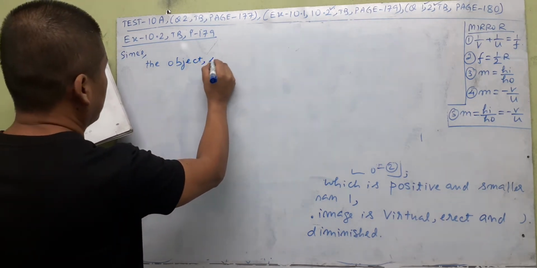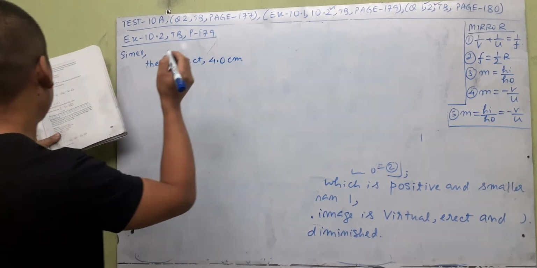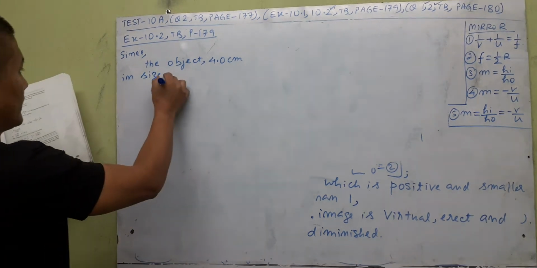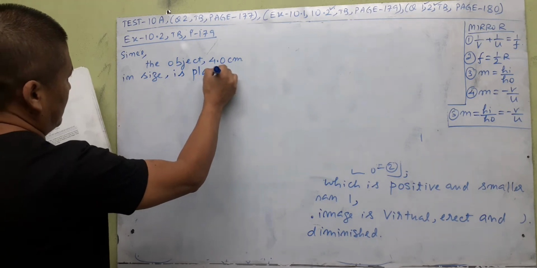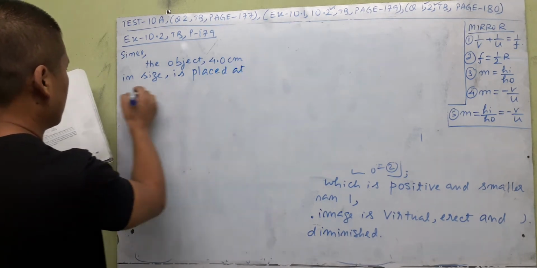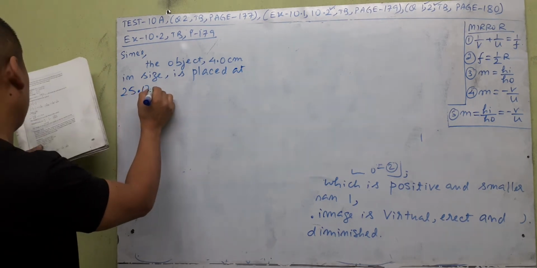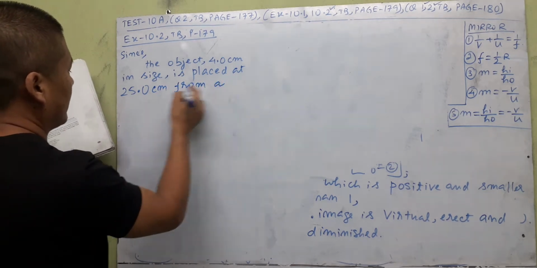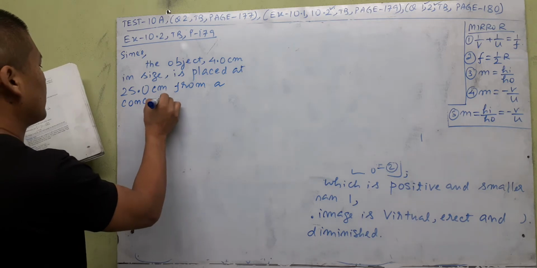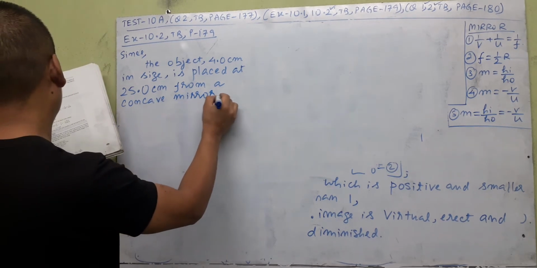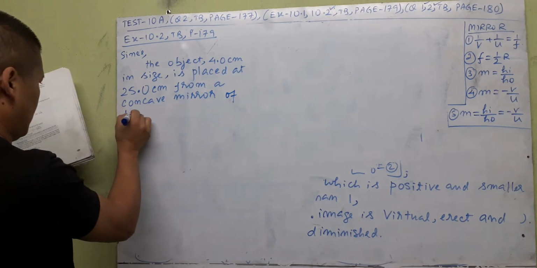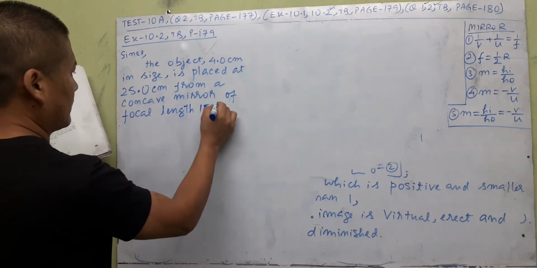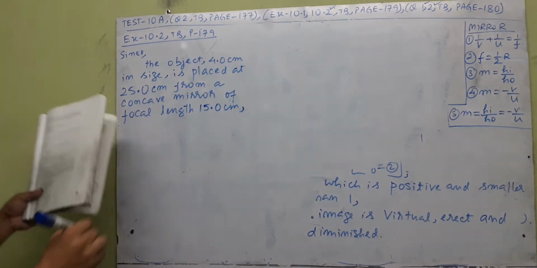Object 4.0 means simply 4 centimeter in size, is placed at 25.0 means 25 centimeter from a concave mirror of focal length 15 centimeter. This much information is given.